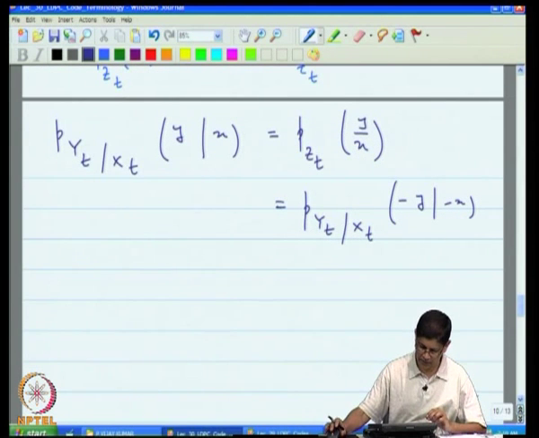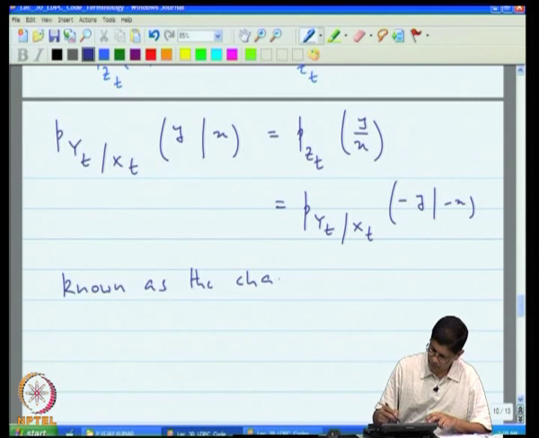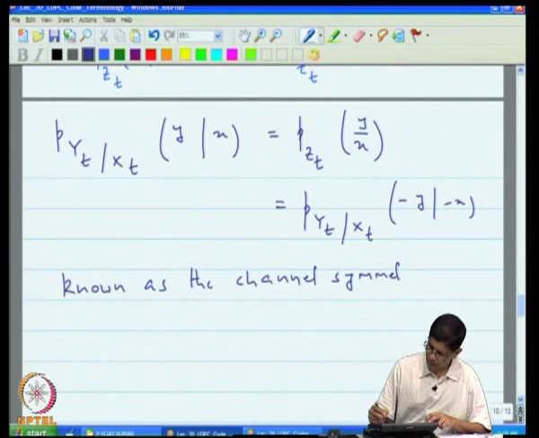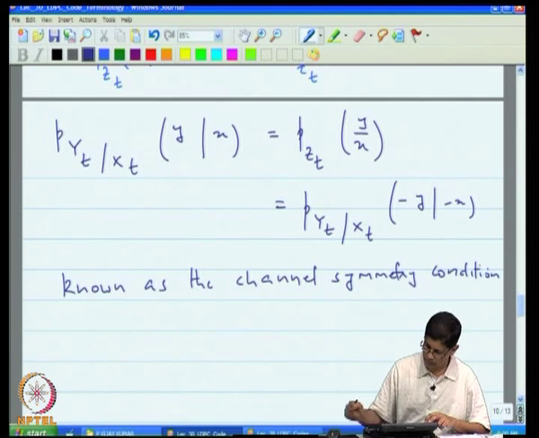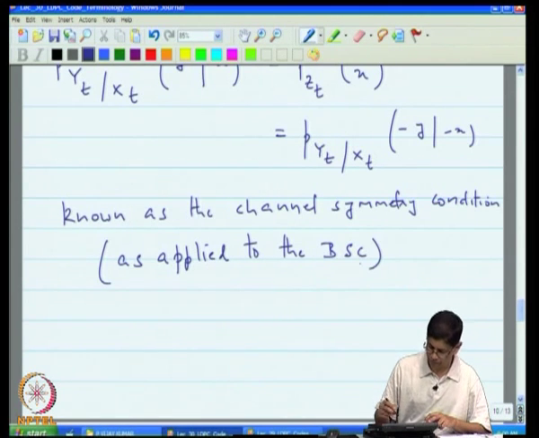Okay. So, the comment here is that this is known as the channel symmetry condition as applied to the binary symmetric channel. Okay, good.